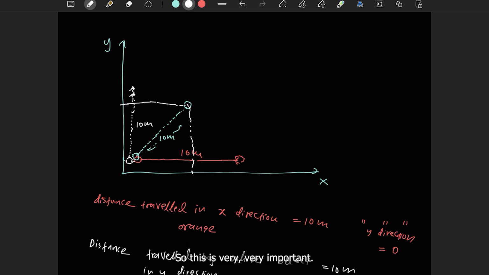So this is very, very important. This is what we consider as vector resolution. Now this vector can make an impact in two perpendicular directions like this. So in physics, we recognize this as vector resolution.